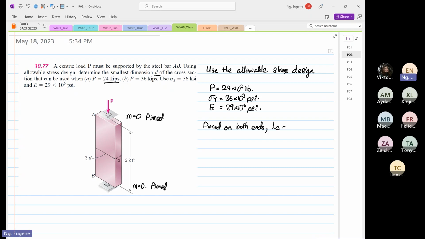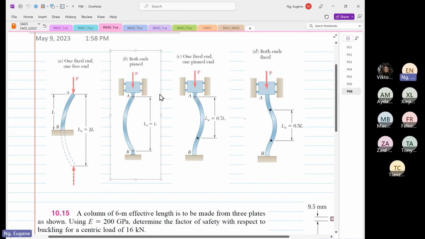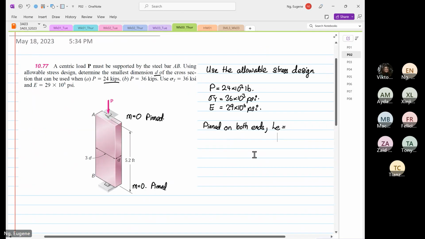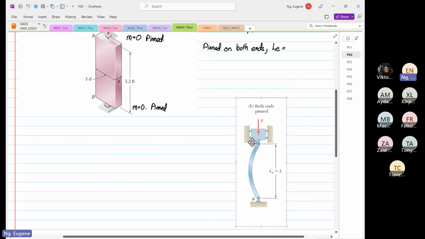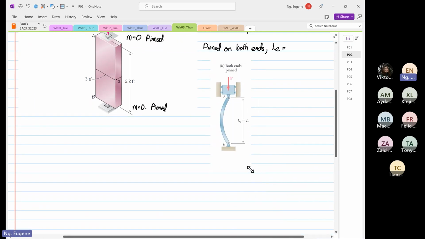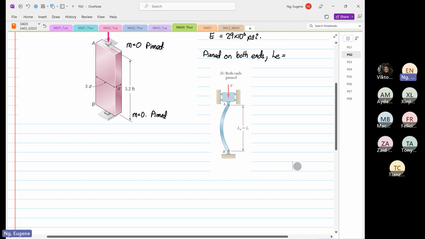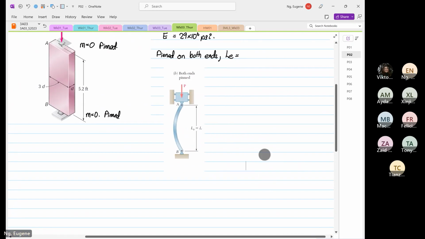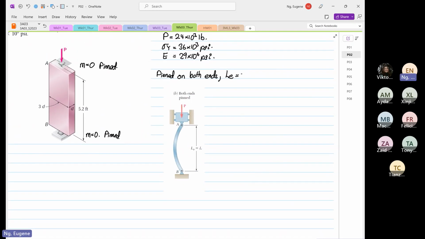The equivalent length L_E, so we go back to Tuesday's lecture, pin on both ends. As you can see in this diagram, pin on both ends, L_E is equal to L. Our length is 5.2, and that is in feet.